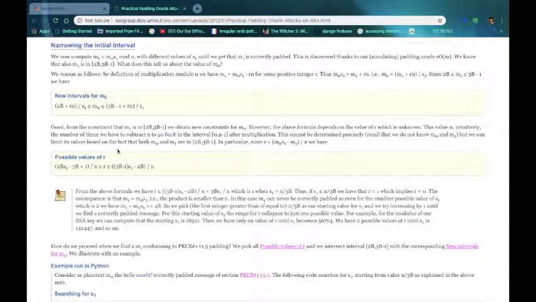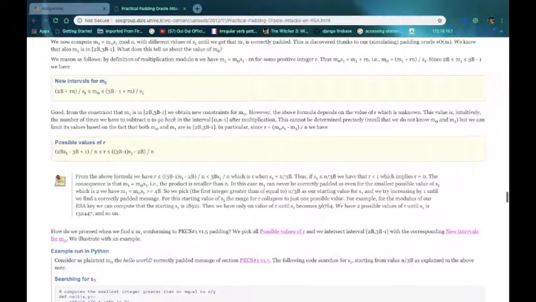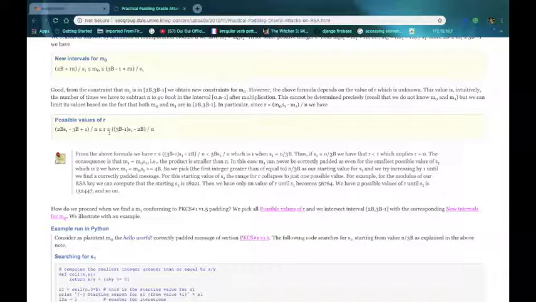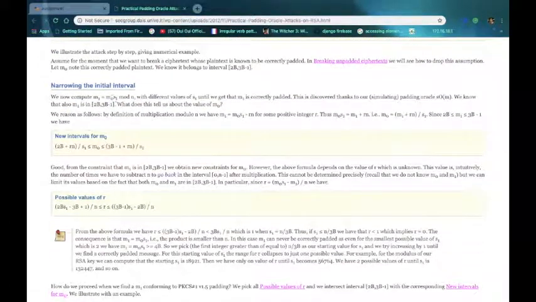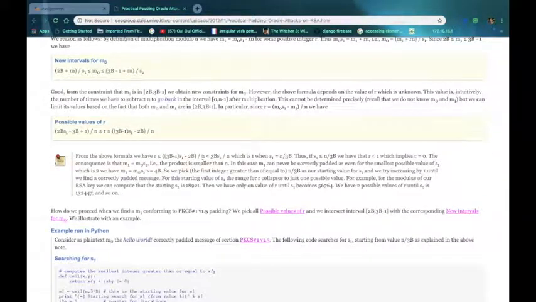From these two pieces of information, we find a new interval in which r might lie. Now, one of the things that we can derive from this interval is the starting value of s1. Initially we said that there would be an s1 with which we multiply m0 to get m1. That value of s1 must be greater than n by 3B.